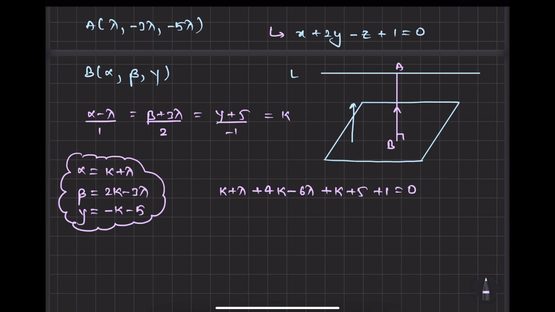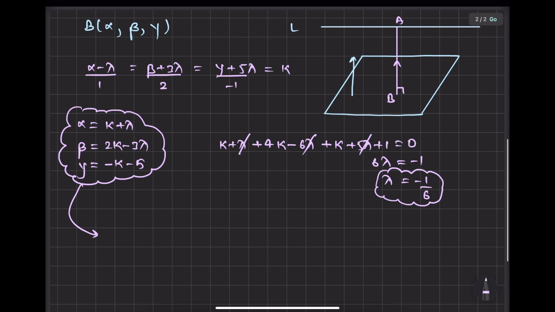So this is 5 lambda, so the 6 lambda is gone, and we are left with 6k. So 6k will be equal to minus 1. So the value of k becomes minus 1 by 6. So this way you got the value of k.